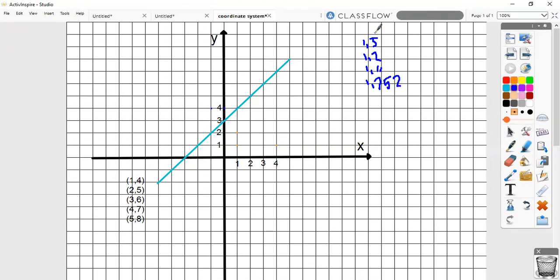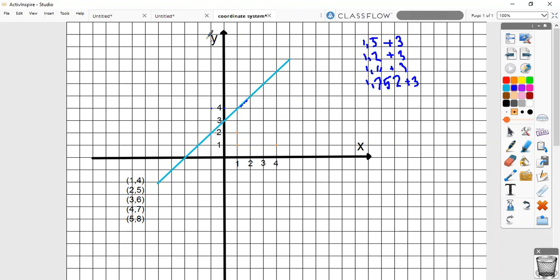All these points follow the same rule, plus 3. If you make plus 3 here, plus 3 here, you get these points between these points. In this way we fulfill our line, and all the points make a line here. That's why I draw the line.